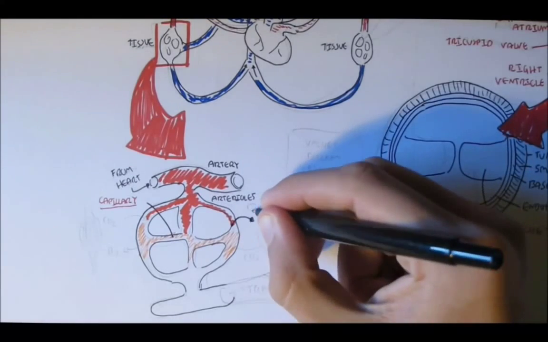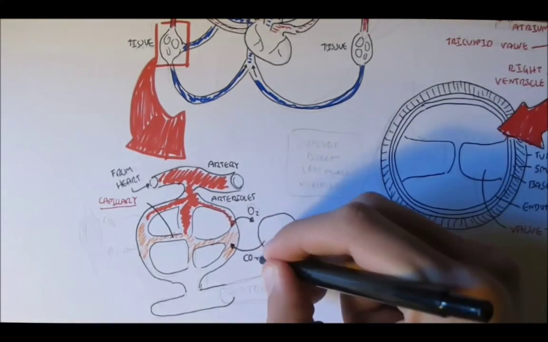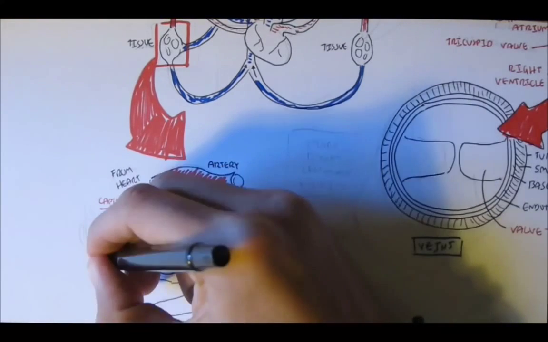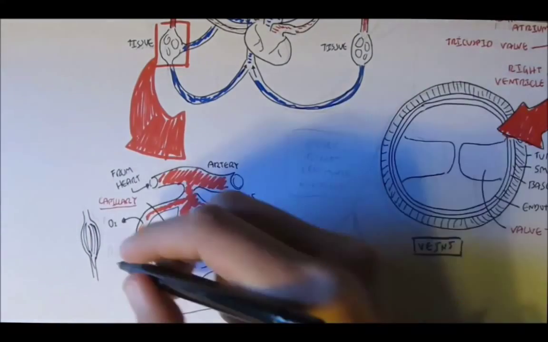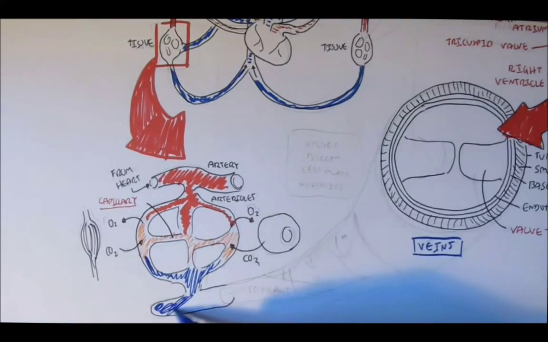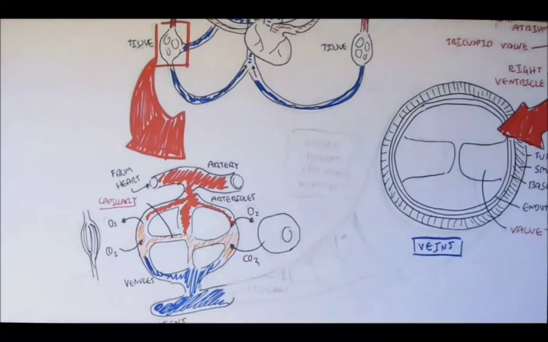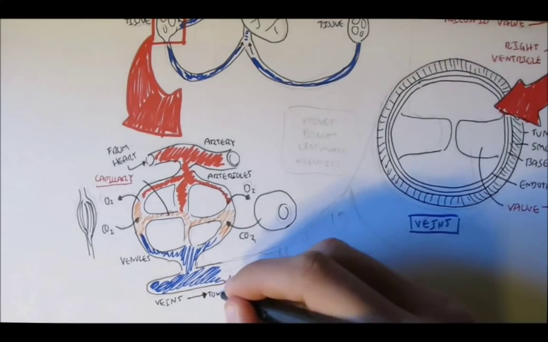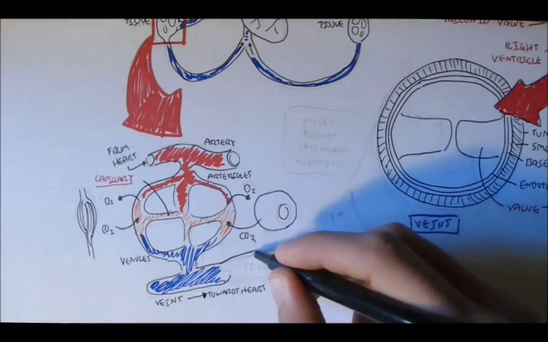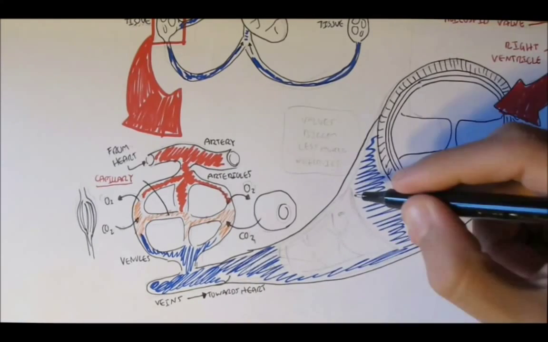Capillaries will give oxygen to tissues, in this case some cells of muscles, and will receive CO2 in return. They will then carry this deoxygenated blood supply to the venules, which will then form the veins. And it is these veins that will carry the deoxygenated blood back to the heart. Remember, veins have valves to prevent backflow.